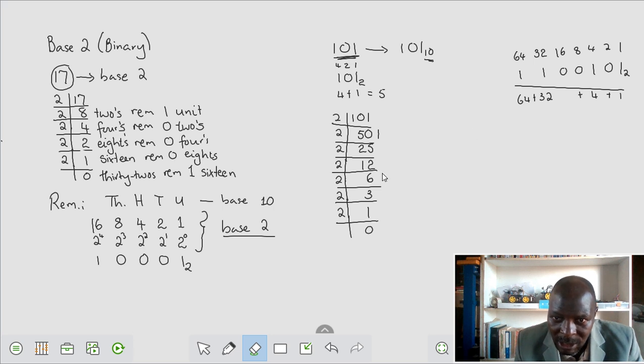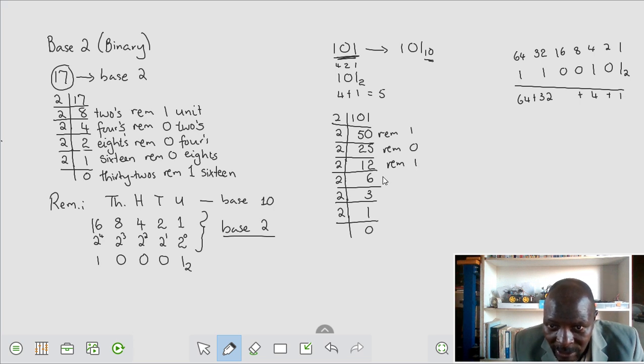All we do is just use our answers and remainder. So 2 into that was that, remainder 1. There's no remainder here. There is a remainder 1 there.